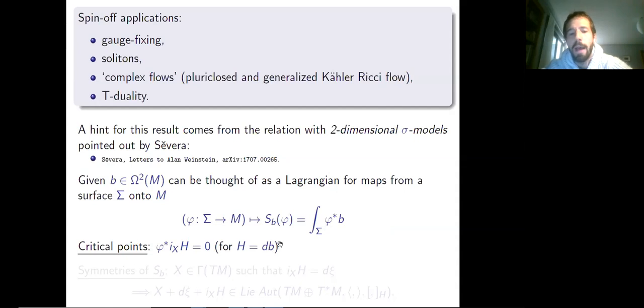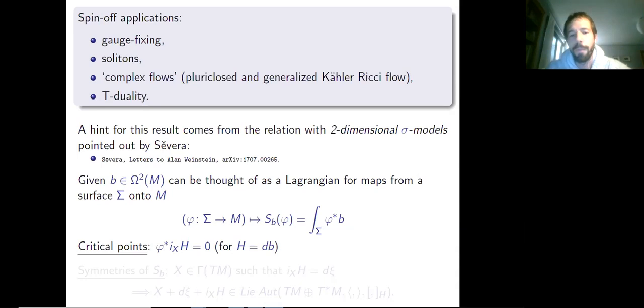An interesting observation is that, even though the functional itself depends on the two-form, the critical point equation, so the Euler-Lagrange equation, only depends on d of the two-form, the field strength.